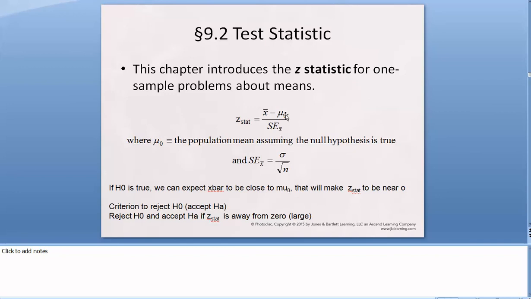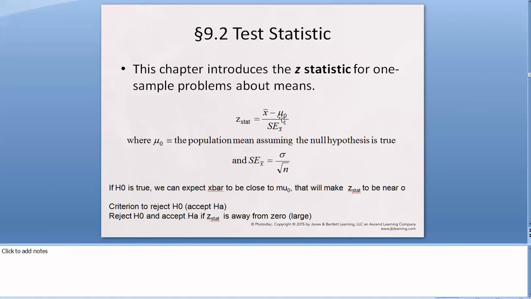On the other hand, if the sample mean is very much away from this hypothesized mean, this z stat will be large. That means you're telling that H null, the null hypothesis, is not true, at least the data is telling. This is the data, this is our evidence.